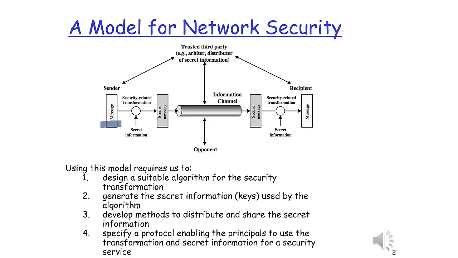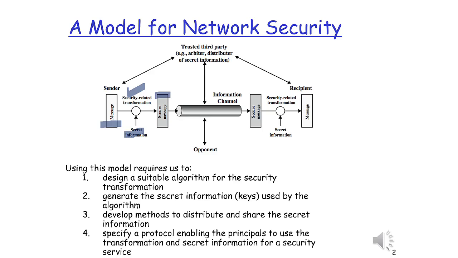There's some secret content that is maintained, and the secret content is actually the encryption keys. The encryption keys allow the security-related transformation, or the encryption, of the message. And here is the encrypted or secure message.